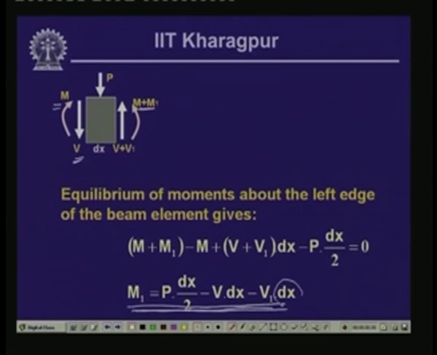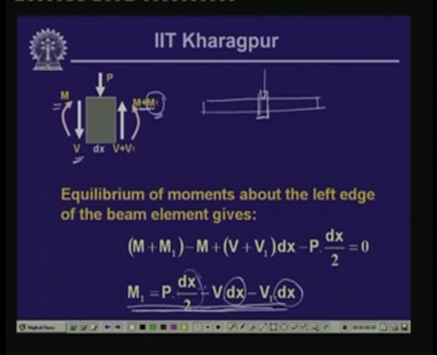Since the quantities are multiplied with this small value dx, it is expected that M1 is significantly small in comparison to M. Hence, at a location in a beam where there is a concentrated load, if we evaluate the bending moment on the left and on the right of the load, the change is very insignificant and we can neglect that. So, at the point of the concentrated load, the variation of the bending moment between the left side and the right side is absolutely small and can be neglected.